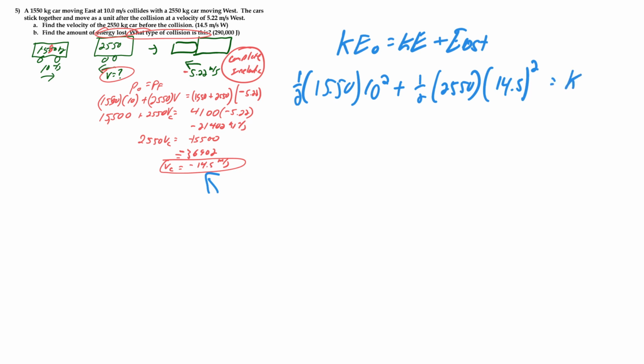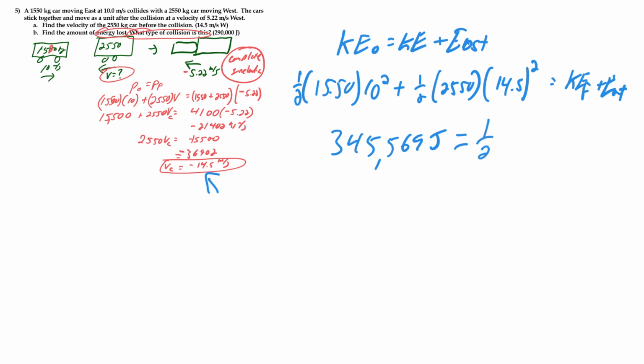That's going to equal E final, KE final, plus E lost. So let's go ahead and do that out. So I'm getting a starting energy total of 345,569 joules. We'll go ahead and keep it unrounded and then round it at the very end.